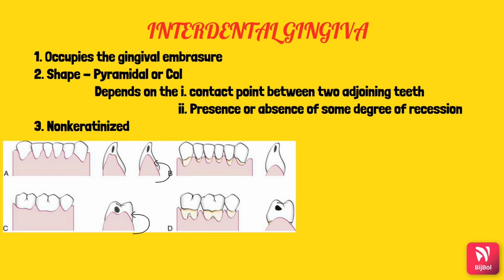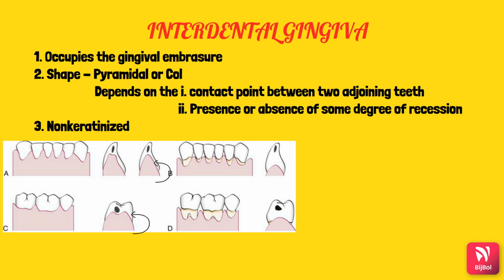You may ask me one thing. In the A picture, the second diagram shows that the anterior teeth also have a cone shape. It might be possible when the contact point is shifted towards the apex. If the contact point is towards the coronal end, it is pinpoint. But when the contact point is shifted towards the apical end, it will become a broad contact point rather than a pinpoint contact.